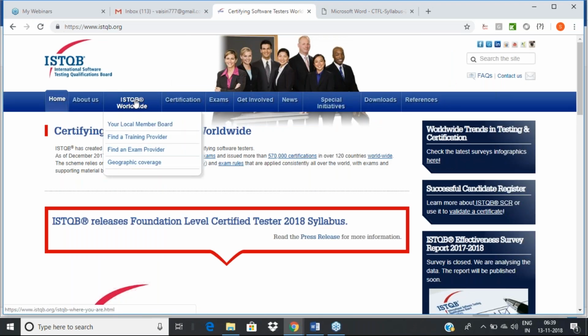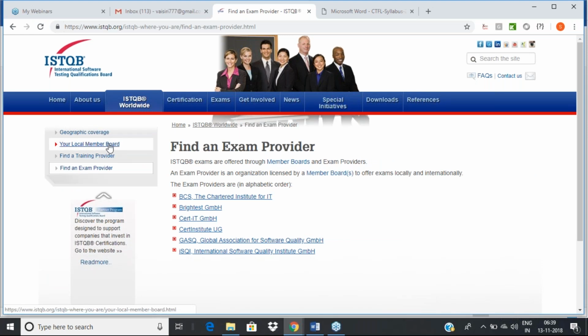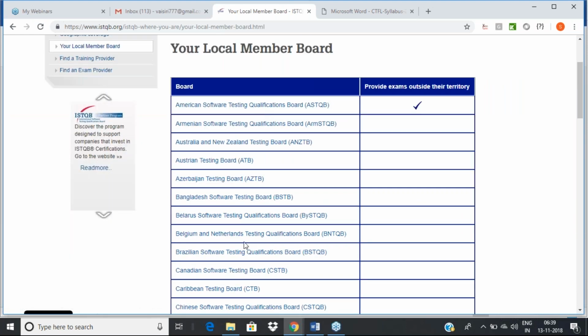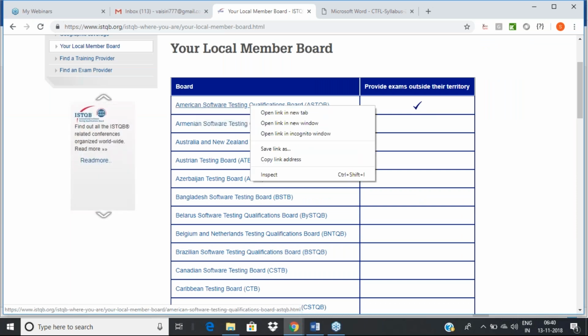That's what we just covered in the orientation, and then you can check the in-country websites, like your own country's websites, from here. On ISTQB worldwide, you can go to find an exam provider, and your own local member board. You'll go here and you will find all the in-country websites. For example, if you are from the US, this is the website for you.